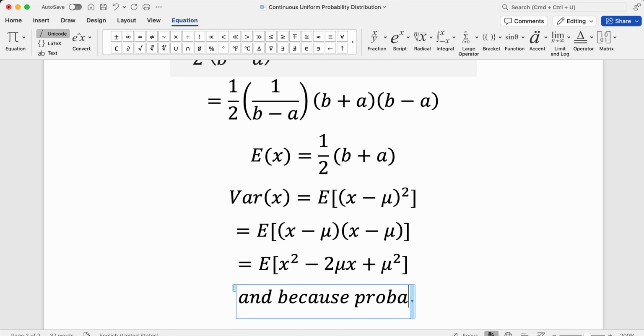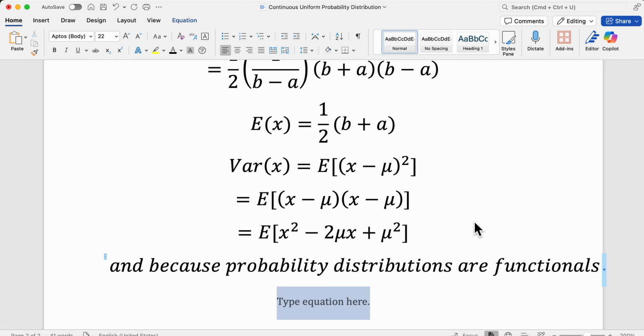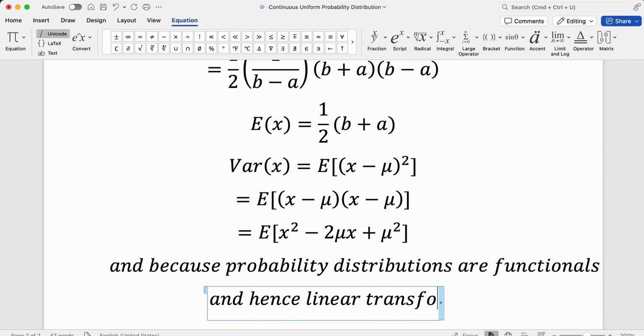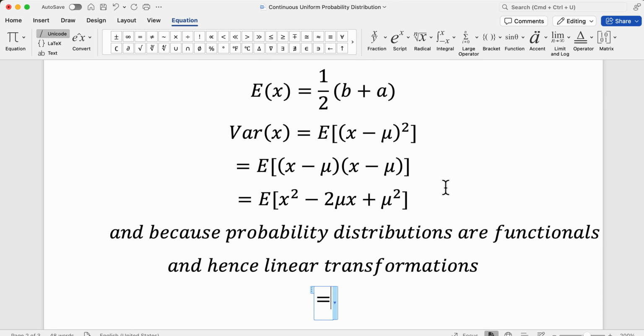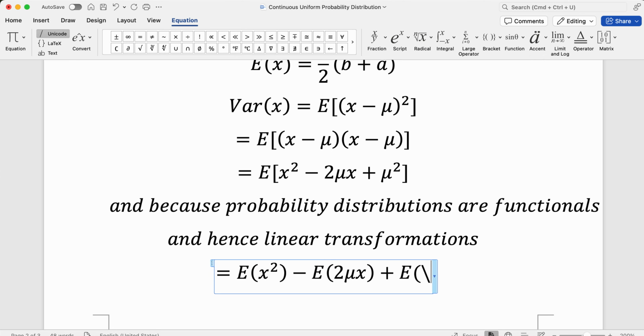And because expectation values are linear, I'm allowed to split up the expectation into each of these individual terms by themselves, so I get E of x squared, minus E of 2 mu x, plus E of mu squared.